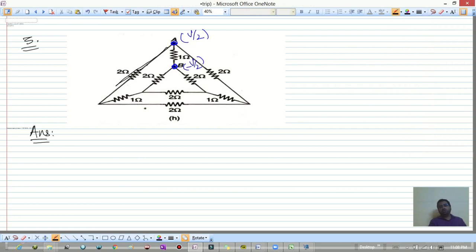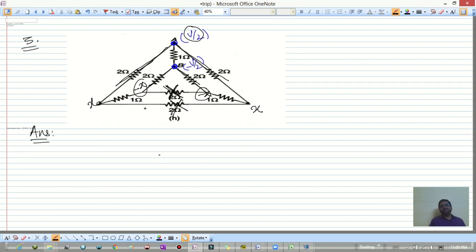In this 2 ohm, if this V by 2 drops by X, then this minus V by 2 in this 2 ohm will drop by minus X. Now see, it is very simple. This is minus X, this is minus X, same potential, not required. This is X, this is X, same potential, not required.